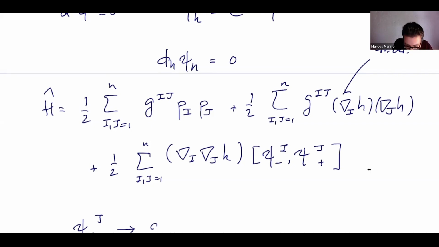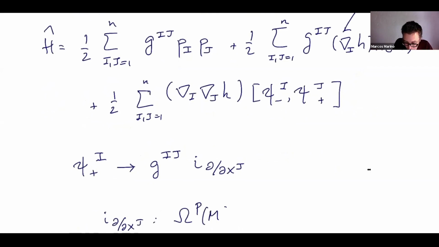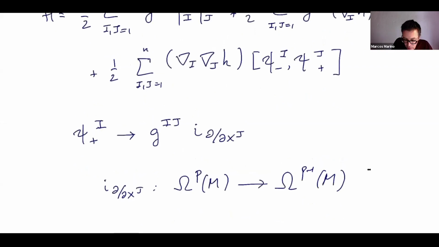So this is contraction with the vector field dx^j. I remind you that this is an operator which acts on p-forms to give p minus 1 forms, and it just evaluates the first entry, morally speaking, of the differential form with this vector field. Okay, so this is my Hamiltonian.